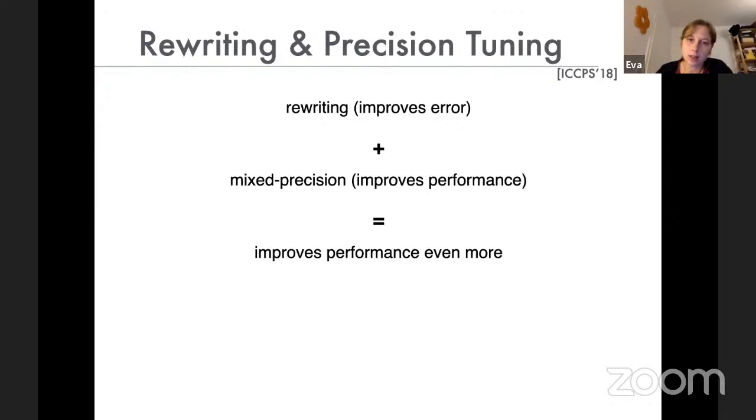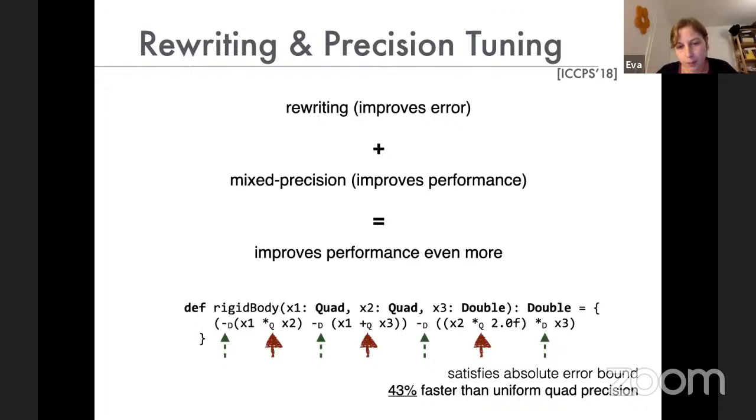So the idea is that by rewriting, we improve the error and give the mixed precision tuning a little bit more to work with. So we can reduce some more operations to the lower precision. And in fact, for our example here, instead of 3 operations in doubles, we can now have 4 of them. And this means that the implementation of this is going to run about 43% faster than a uniform quad precision that we would have to use in the absence of mixed precision.